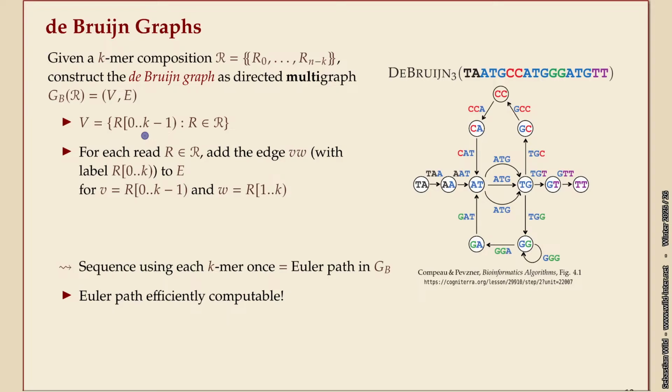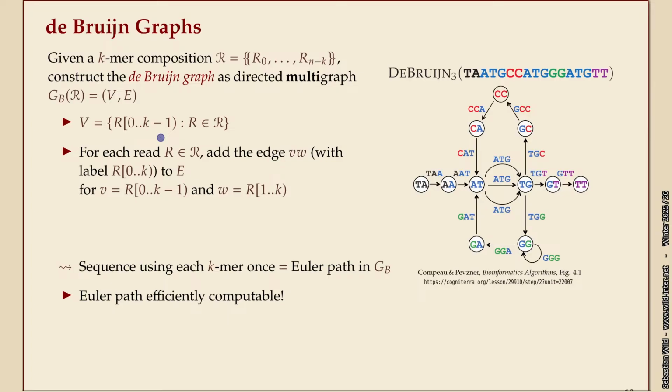These are only k-1 letters each, and I'm going to fold together duplicate elements. So if there are several k-mers in the input that have the same first k-1 letters, and that's especially true if there are duplicates in the input, I'm treating all of these prefixes as a single vertex.